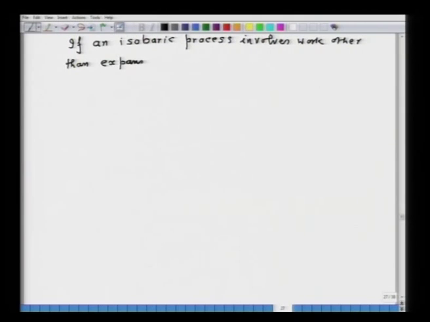Now, if an isobaric process involves work other than expansion work, then in that case delta H will be equal to Q minus W dash.